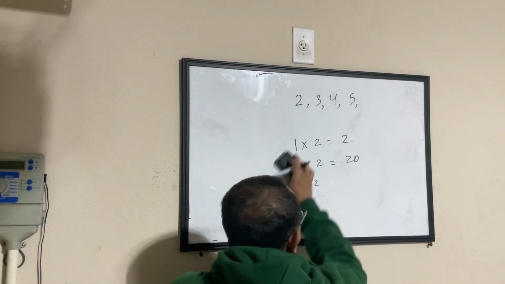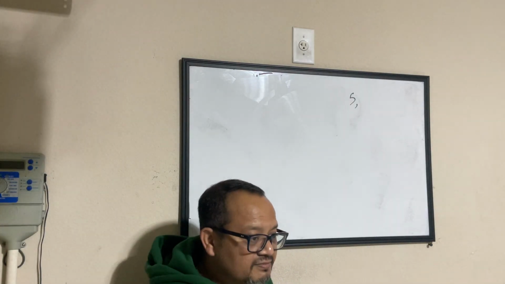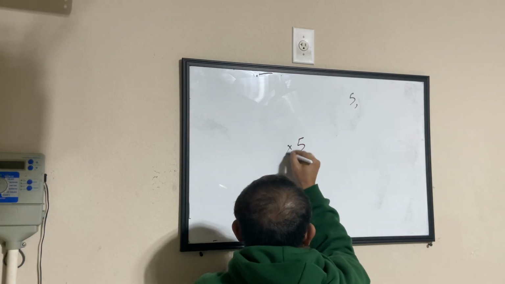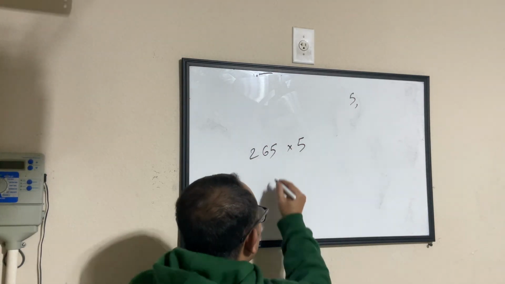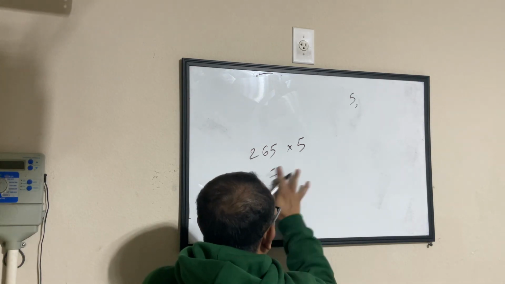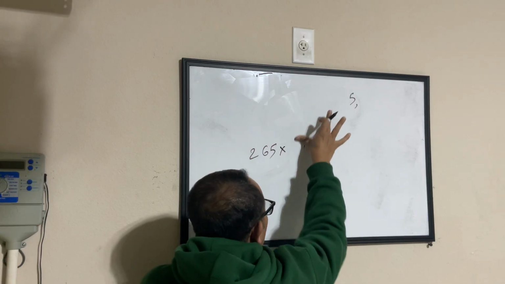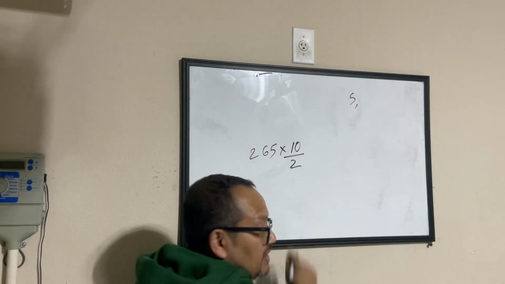You can look at it a little differently also. Let's say 2, 3, 4, you know. If you have to multiply something by a 5, into 5, you can do a multiplication always. Nobody is stopping us from doing that. But you can also say multiplying something by 5 is same as multiplying by 10 and dividing by 2.